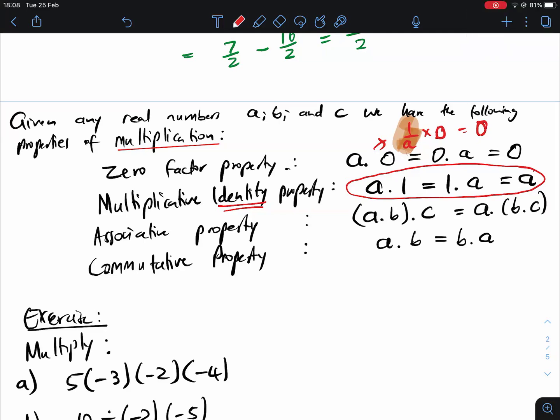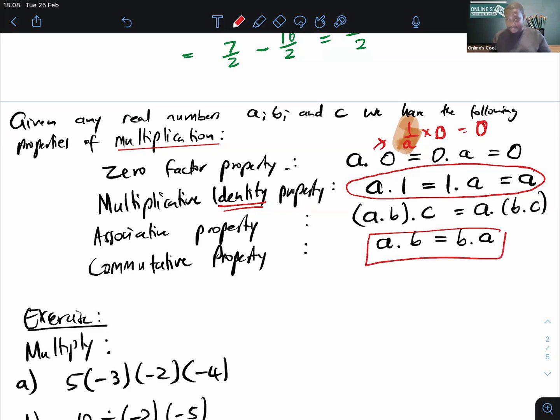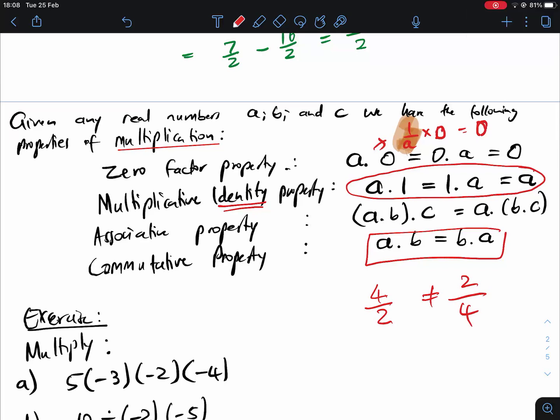Then we've got the commutative property. Similarly, 2 multiplied by 3 is the same as 3 multiplied by 2, and it all equals 6. So the order of multiplication does not matter at all. However, if it's divide, 4 divided by 2 is not equal to 2 divided by 4.